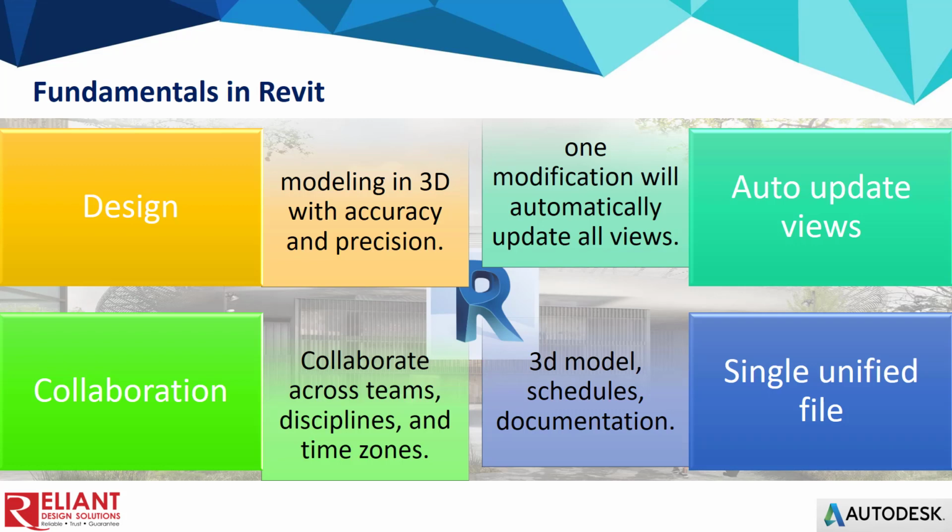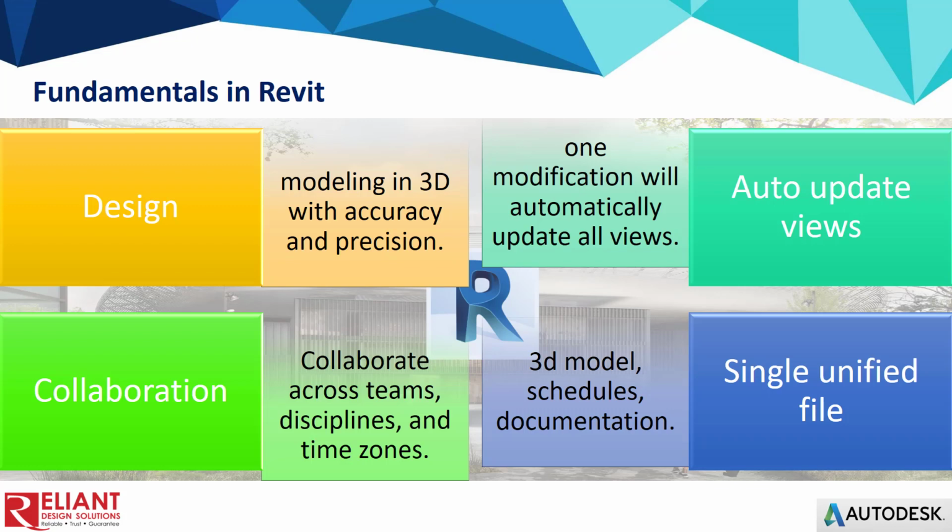Revit only has one model in one Revit file, but at different views you see it at different heights or different sizes. Hence, there is no need for you to make changes at each view manually.